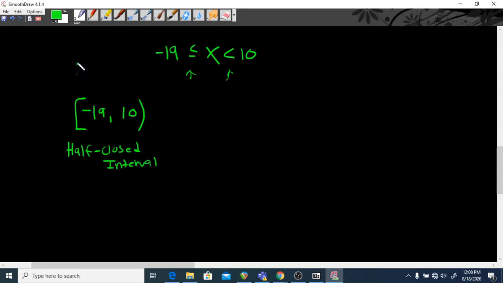It's all about whatever the first thing is doing. If the first symbol there is a bracket, then it's either half closed or completely closed. And if the first symbol there is a parenthesis, then it's either half open or completely open.